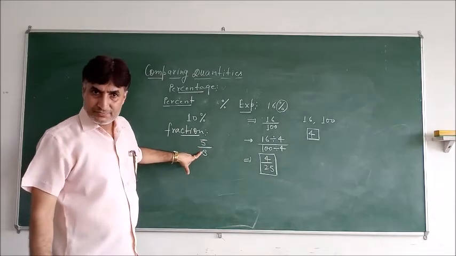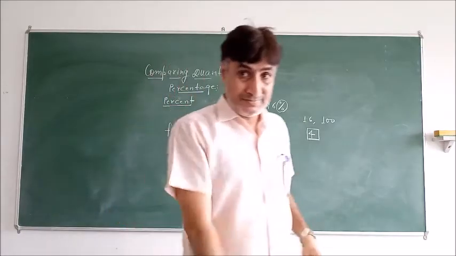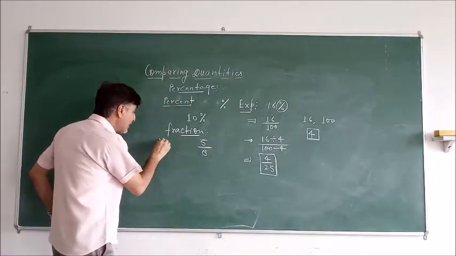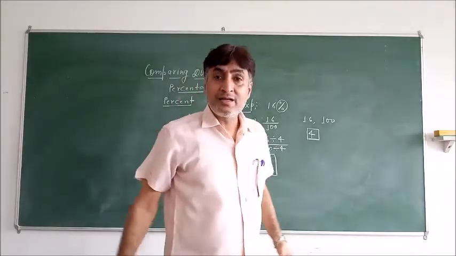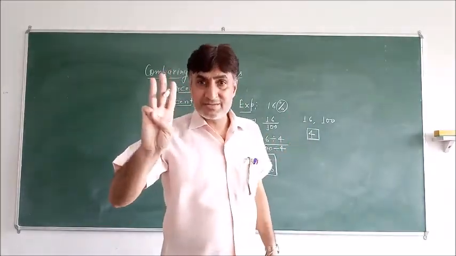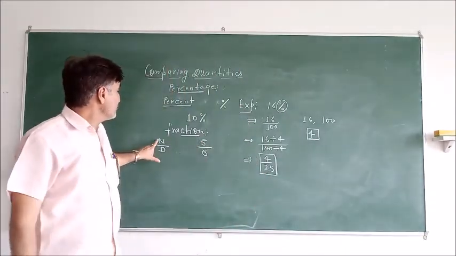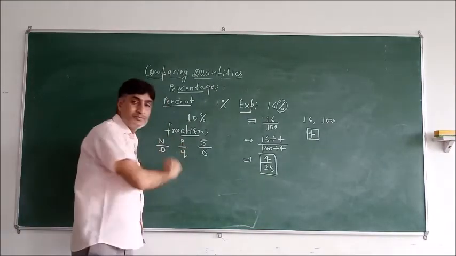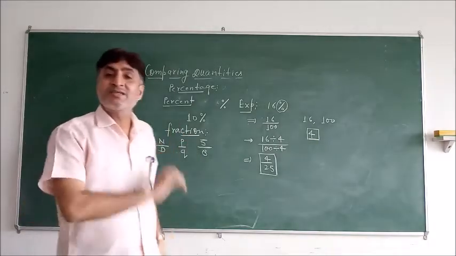There is another word in maths, rational number. A rational number also contains a numerator and denominator. A number becomes rational if it satisfies 3 given conditions. First, the number can be written in the form of numerator upon denominator, that is P upon Q, where P and Q both must be integers.